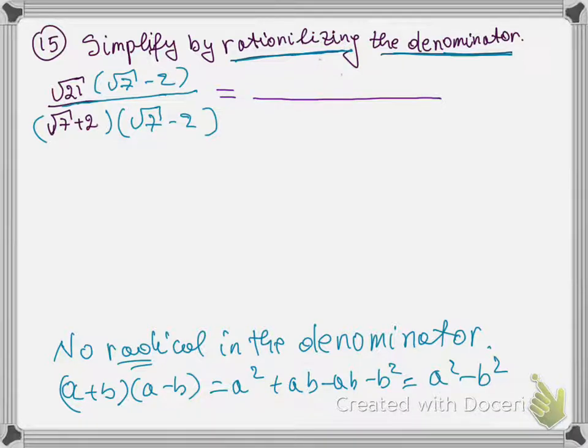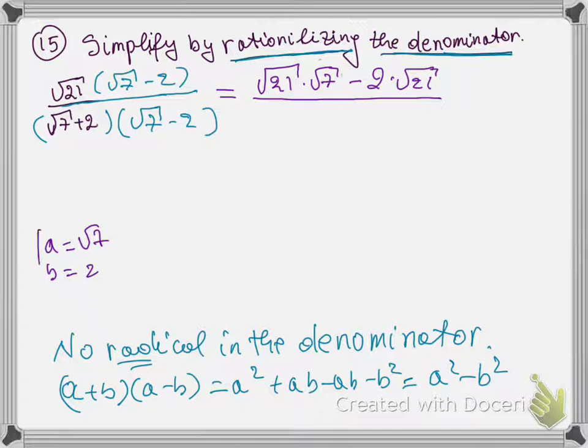And then we're going to simplify. Square root of 21 times square root of 7 minus 2 times square root of 21. So I distribute square root of 21 in the numerator. Then I'm going to multiply in the denominator by using the property we wrote before. In this example, a is square root of 7 and b is 2.